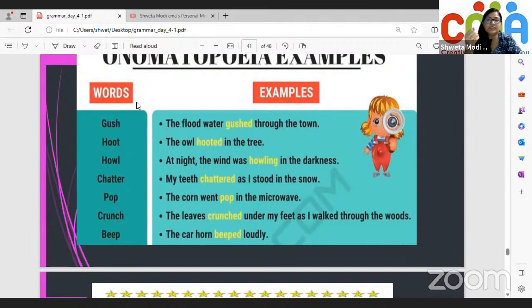Figure of speech, whether it is alliteration or any other, is to add beauty to your lines so that the reader can enjoy the article more by connecting with it and feeling what is happening. So when I say gushed, hooted, howl, chattered, pop, crunched, beat, it's all sound which you will be able to hear.